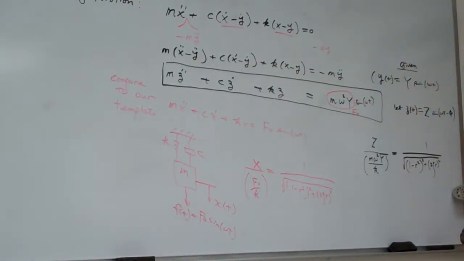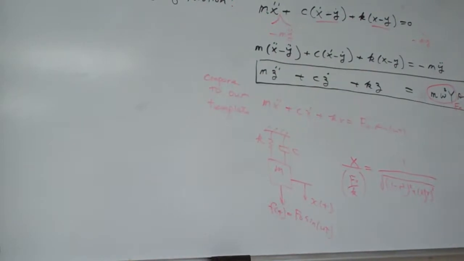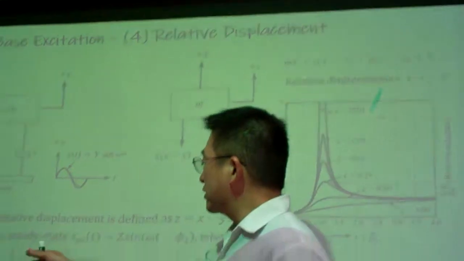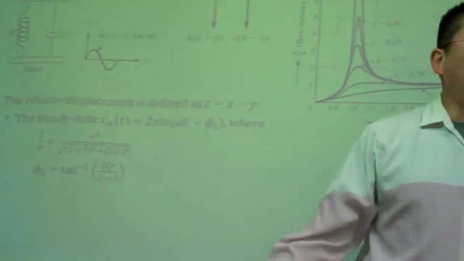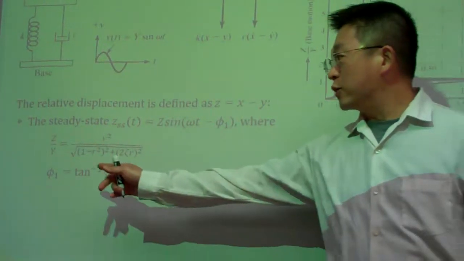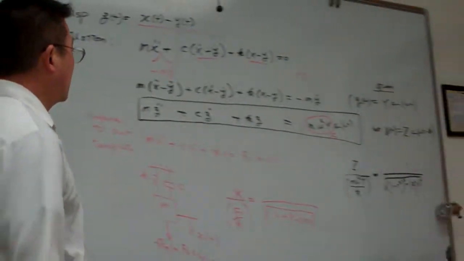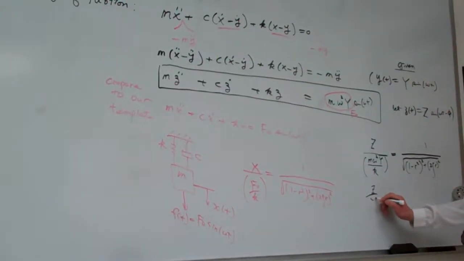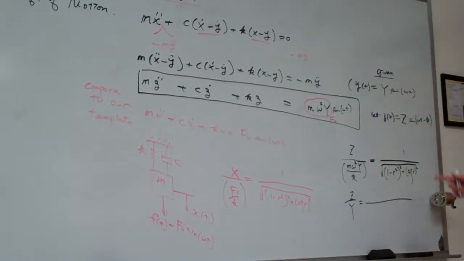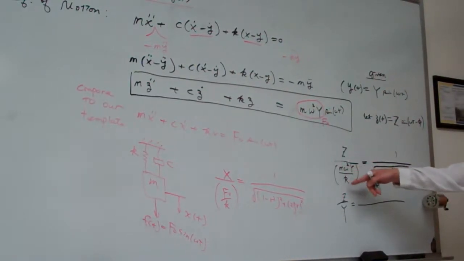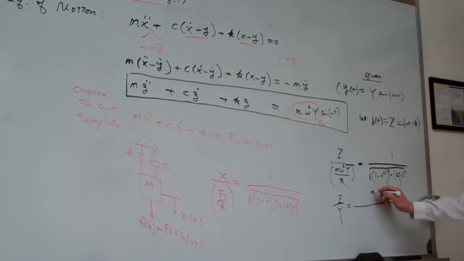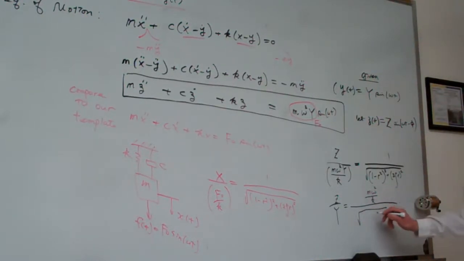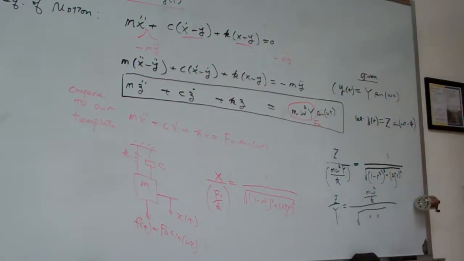Okay, so now we have this one, then we look up our definitions. Definition for the relative displacement transmissibility, that is Z divided by Y. So based upon that, we try to formulate what is Z over Y. I simply move the remaining term to here, so that is m omega squared divided by K, and then divide by the same denominator here.